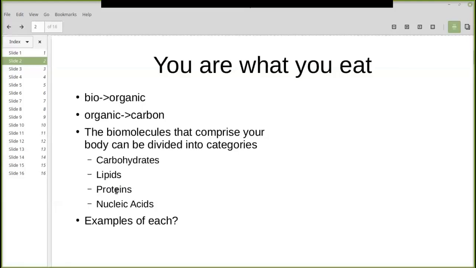What about protein? Anybody give me an example of a protein? Hemoglobin, right? Hemoglobin is composed of protein. What about nucleic acid? RNA and DNA. Okay, good.